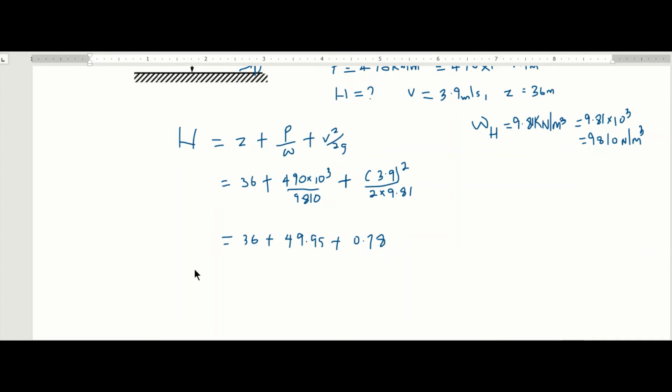So therefore our energy per unit weight is 36 plus 49.95 plus 0.778, that gives us 86.73 joules per newton. So here is our total energy per unit weight.